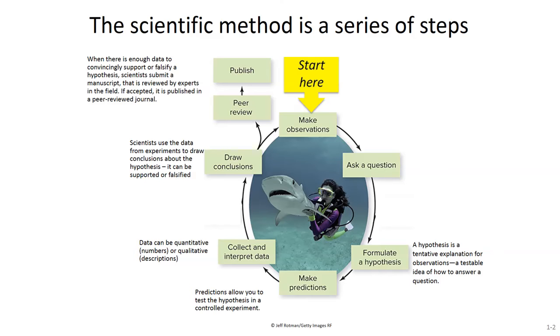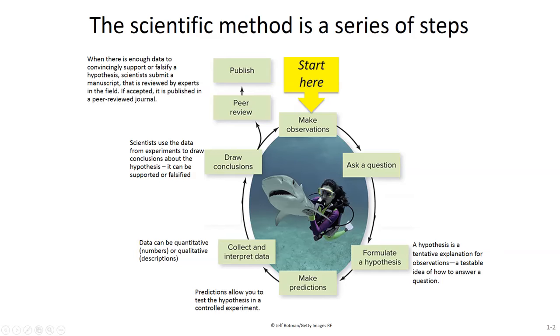Another feature of a hypothesis is that it is an explanation, not a question. Notice that questions and hypotheses are two different things. This is why does it happen, and this is it happens because. So again, it's an explanation and not a question. It is testable and it is falsifiable.